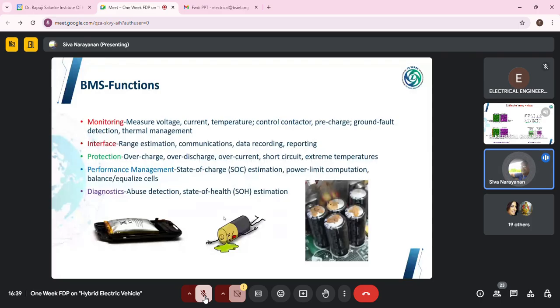Operating our vehicle in non-safety regions will surely reduce our battery's life. In order to analyze that, we need to form a data record from our battery pack. And last, reporting. From all these things, the reports will be generated. All this is done in the interface.